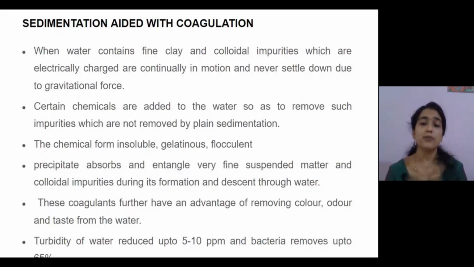When water contains fine clay and colloidal impurities, which are electrically charged and continuously in motion, they never settle down due to gravitational force. Certain chemicals are added to water to remove such impurities which are not removed by plain sedimentation. The chemical forms an insoluble, gelatinous, flocculent precipitate, which absorbs and entangles very fine suspended matter and colloidal impurities during its formation and descends through the water.